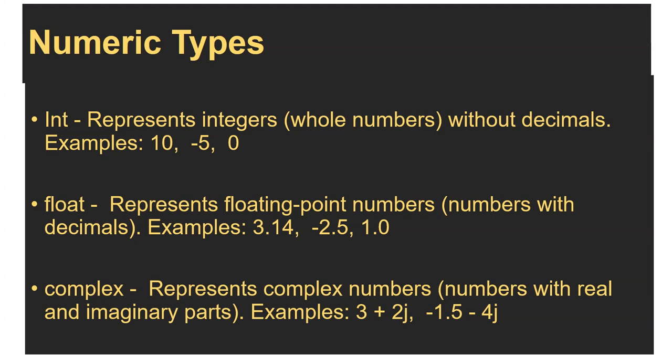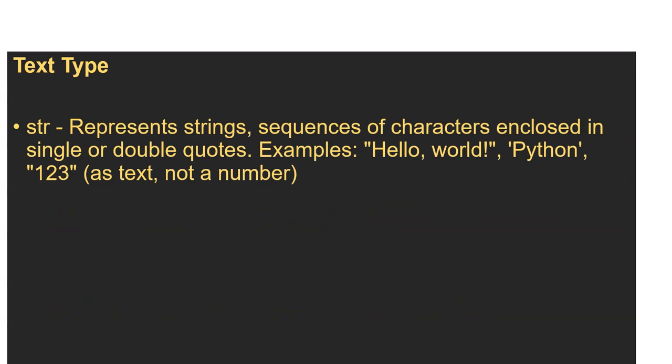Let's go to the second data type that we have, which is the text type. In the text type, we have the strings. In programming, we think of a string as a sequence of characters enclosed in single or double quotes. If you see a sequence of characters enclosed in either double quotes or single quotes, those are now the string, which we refer to as the str type.